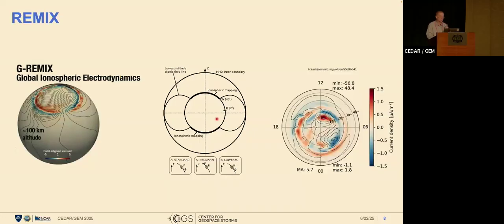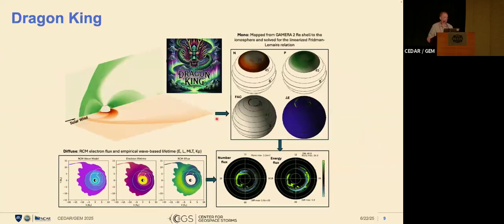One of the key things that you need to be able to do to solve the high latitude electrodynamic equation is to know what the conductivity is in that region. And Donglin and Shenshen Bao have been doing a lot of really great work on the development of what we're calling the Dragon King model, which is trying to take that information that we have from models like Raiju or the RCM about where the plasmasphere is, where the different energy populations of the plasma are in the inner magnetosphere, and using what we call gray box modeling to say, okay, we know that this is where the chorus waves are going to be corresponding to this plasma distribution.